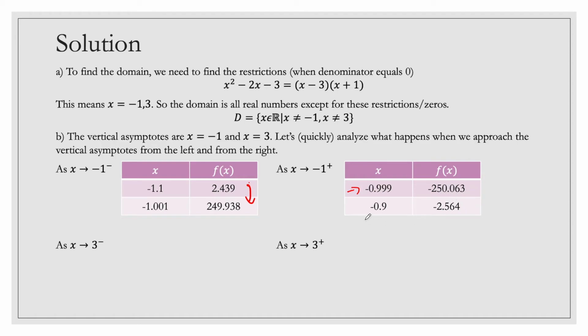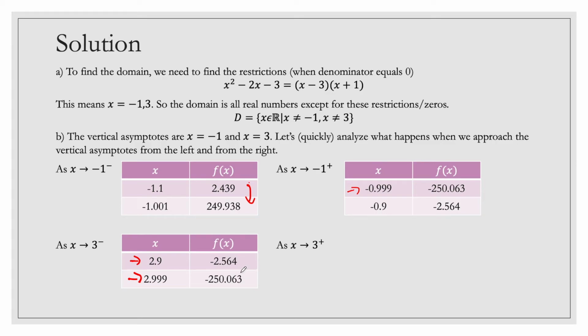Now let's analyze what's happening around x = 3. As we approach x = 3 from the left, that means that we are going to be subbing in a value that is slightly less than 3. So we're going to sub in 2.9, but that doesn't really help us. It's not until we sub in an even closer number, 2.999, that we have a better indication of what is happening.